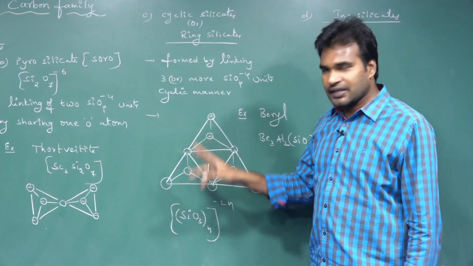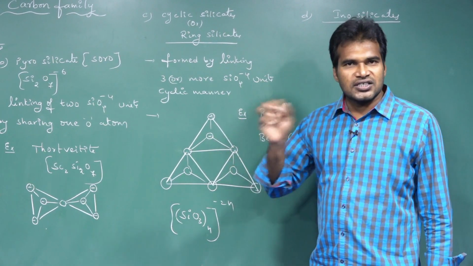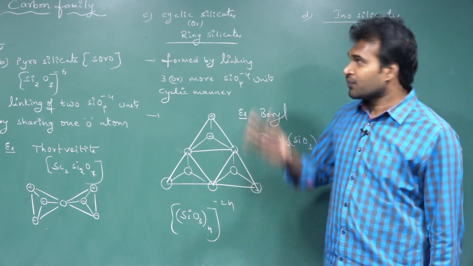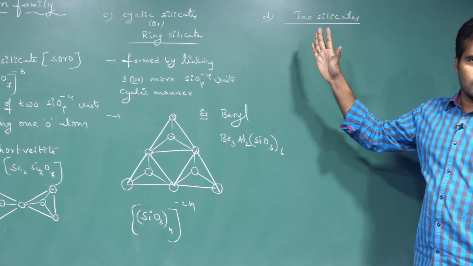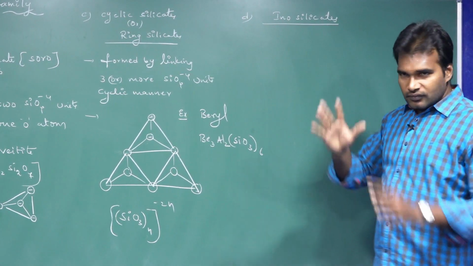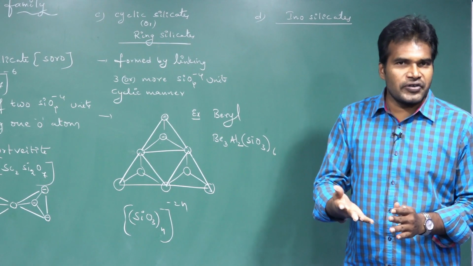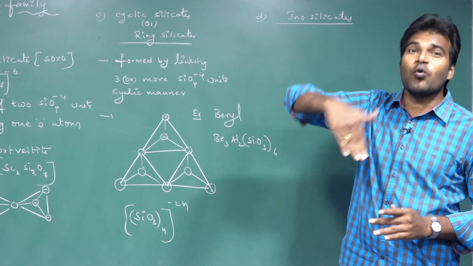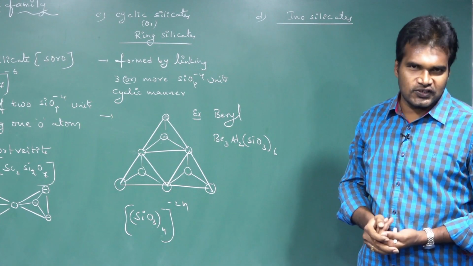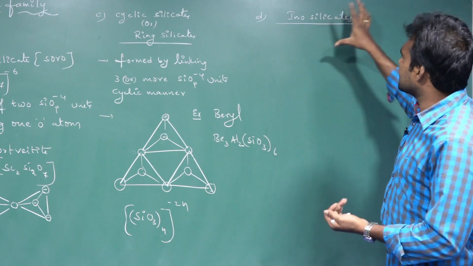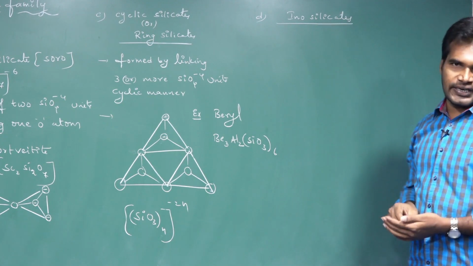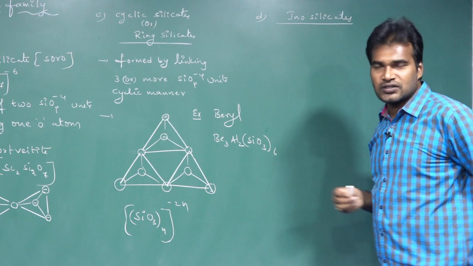In cyclic silicates, 2 oxygen atoms are shared by each tetrahedral unit. Whereas if each tetrahedral unit shares 2 or more oxygen atoms, those silicates we call what?